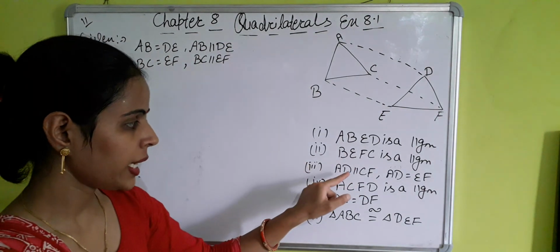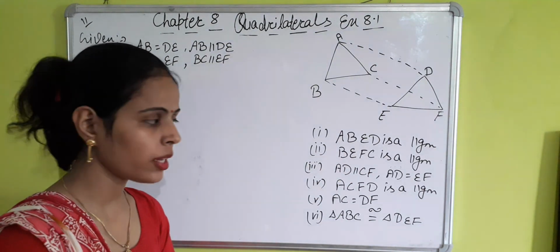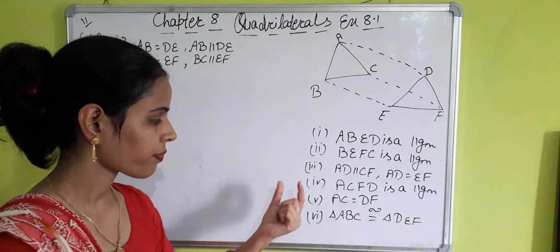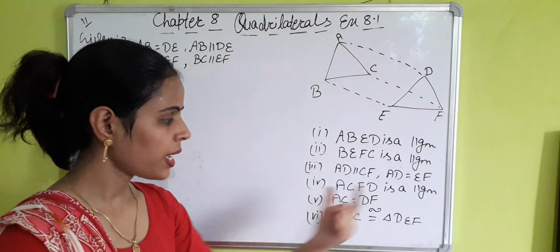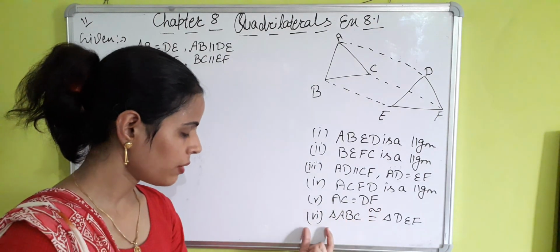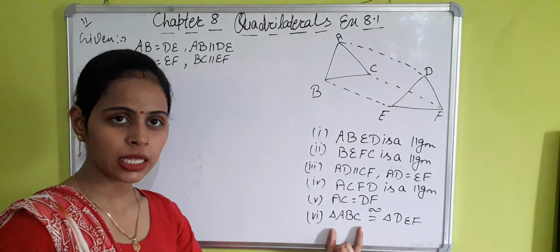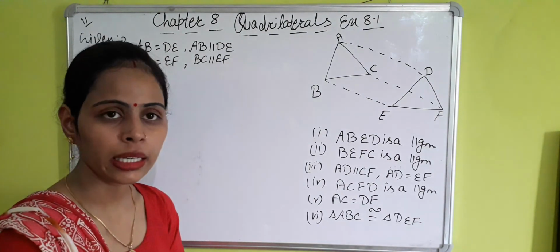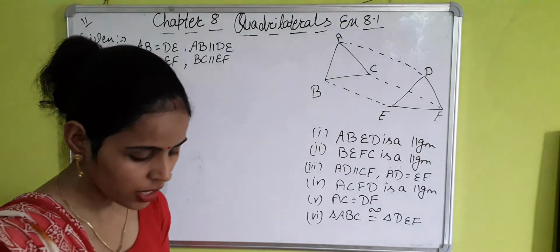Third one, AD parallel to CF and AD equals to CF. ACFD is a parallelogram, AC equals to DF, and in sixth part triangle ABC congruent triangle DEF. Then start the proof.